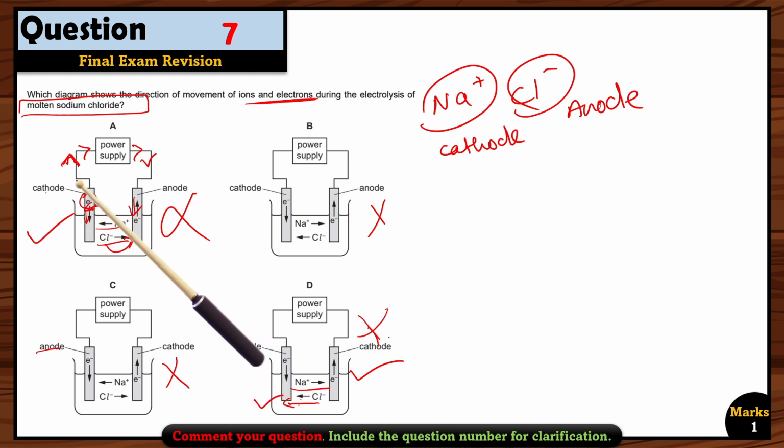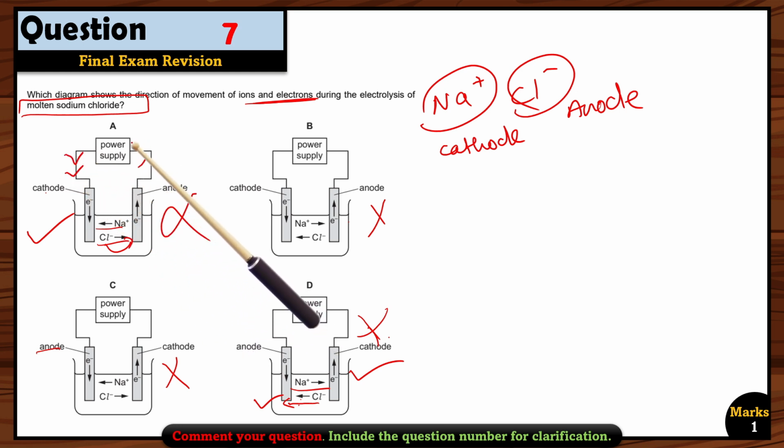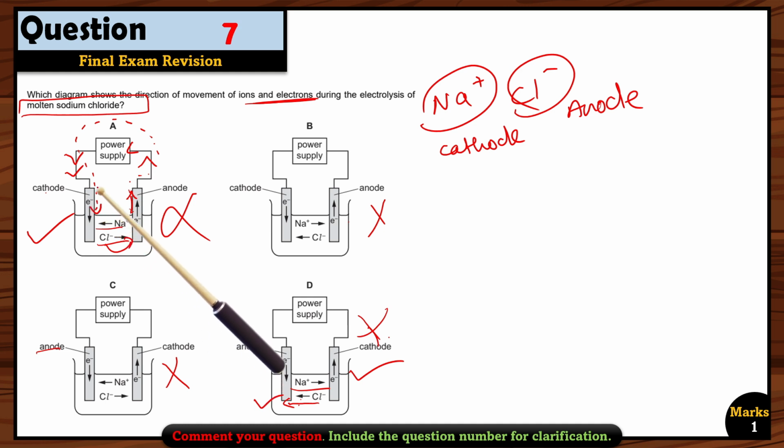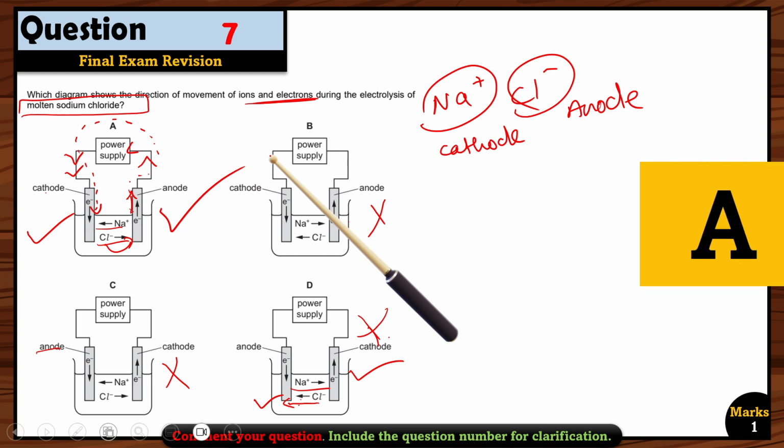Of course, my mistake. Wait a minute, okay, this is the cathode. So of course the electrons should come towards the cathode from the anode. Yes, they are coming down towards the cathode. So option A is the right option.